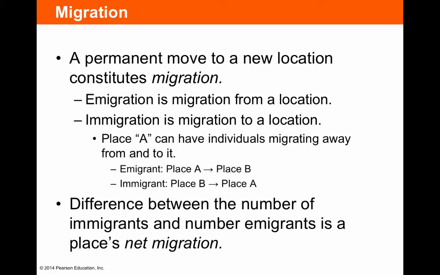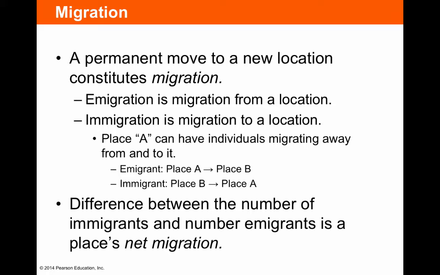So place A can have individuals migrating away from it and to it. So she's going to emigrate from place A, the United States, to place B, Norway. And she's going to be an immigrant to place B, Norway. Hold on, I got that wrong.